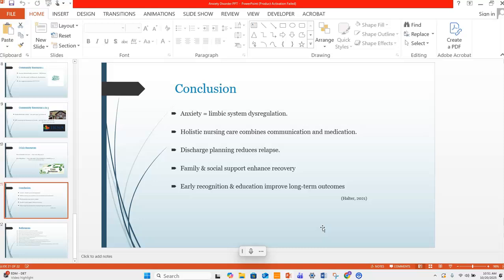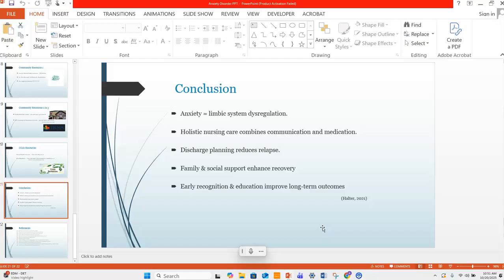Continuous follow-up and community engagement empower clients to maintain coping strategies and improve quality of life. As a nurse, our compassion, knowledge, and advocacy play a vital role in helping individuals regain confidence and emotional balance.